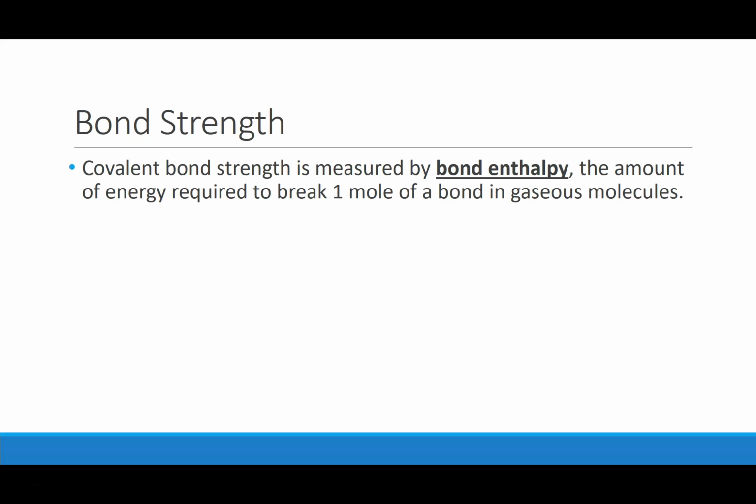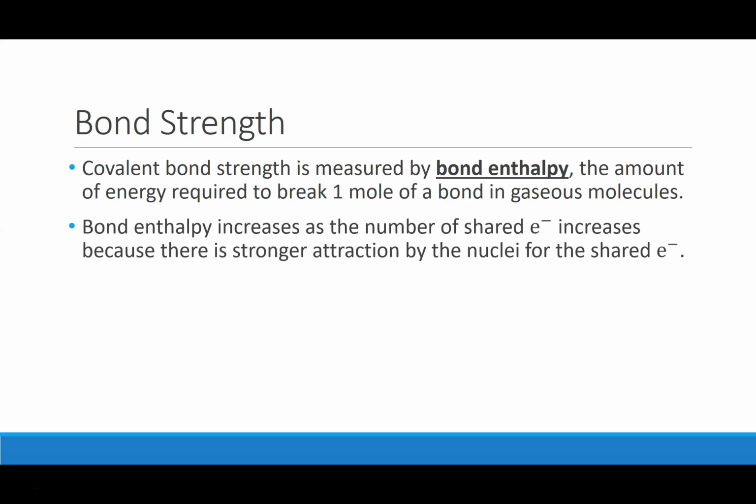The strength of a covalent bond is measured by the bond enthalpy, which is defined as the amount of energy required to break 1 mole of a bond in gaseous molecules. The bond enthalpy increases as the number of shared electrons increases. This is because as the number of shared electrons increases, the attraction between them and the nuclei of the bonded atoms becomes stronger.